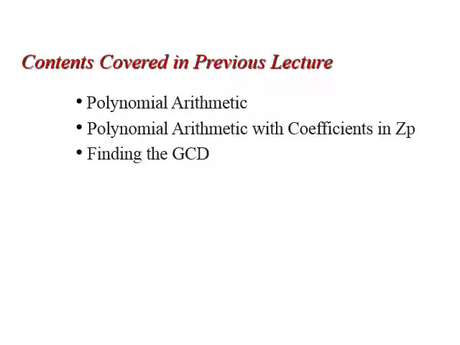The contents covered in the previous lecture were polynomial arithmetic with coefficients in the field of Z_p, and finding the GCD of the polynomials. So these are the contents that were covered in the earlier lecture.